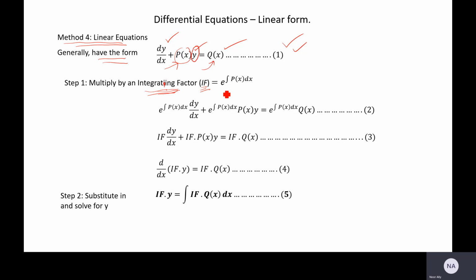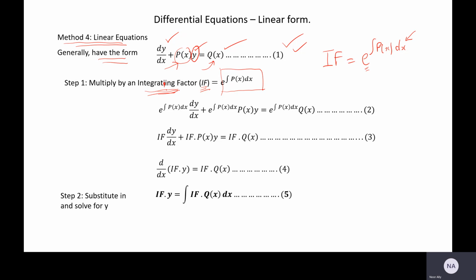And what is this integrating factor? It's e to the exponent, and in the exponent you actually have an integral. Just to emphasize, my integrating factor is e to the integral of p(x) dx.